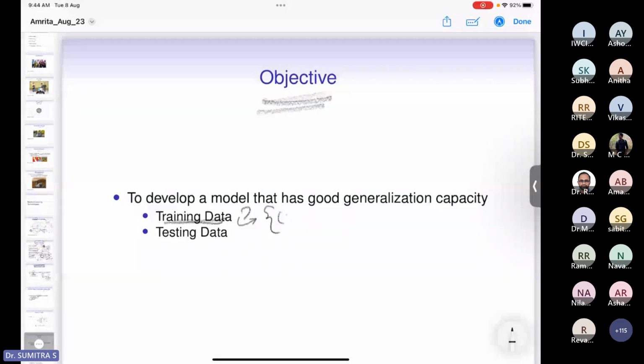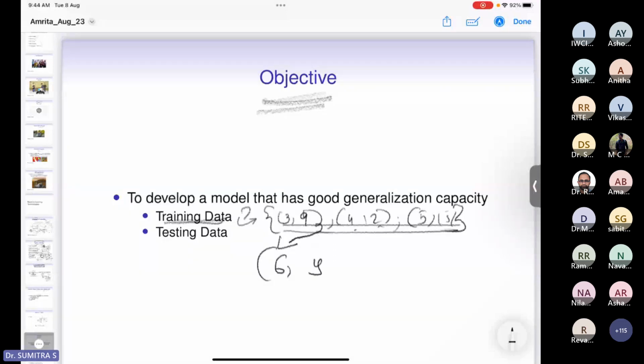You will be given some training data like this, which we use to extract information. After extracting the information, we will check whether we have succeeded in extracting it.